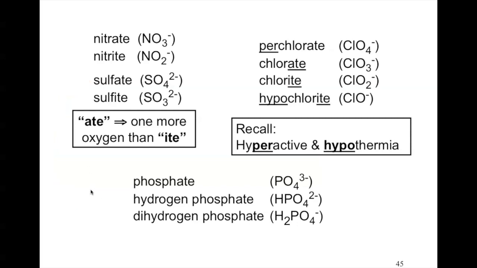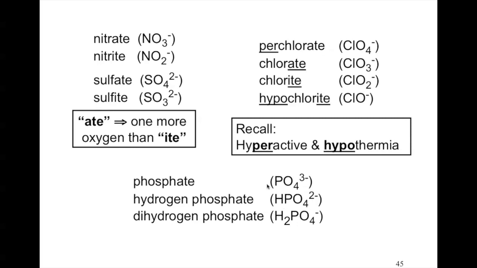If we take H+ and add it to PO4 3-, so that they're bound together, we generate a new polyatomic anion, HPO4, and now the charge is reduced by one because we've just added a positive charge to it. We would call this hydrogen phosphate.